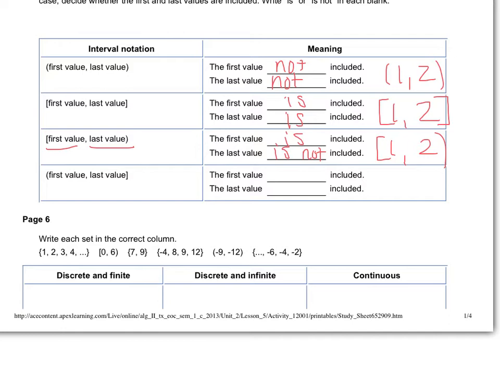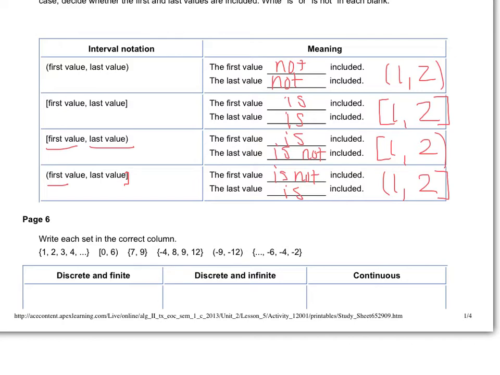And then the last one: since it's a parentheses at the beginning, the first value is not included, and since it's a bracket at the end, the last value is included. So the set 1, 2 with 2 in a bracket contains all of the numbers between 1 and 2, and it contains 2.